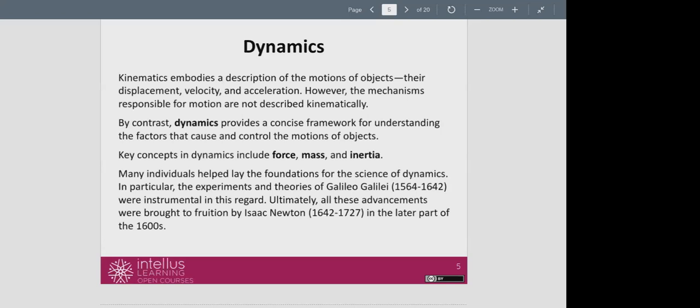And so along came Newton, literally 100 years, the year Galileo died, Newton comes along and during his lifetime, in the latter part of the 1600s, he was instrumental in helping us to understand motion.